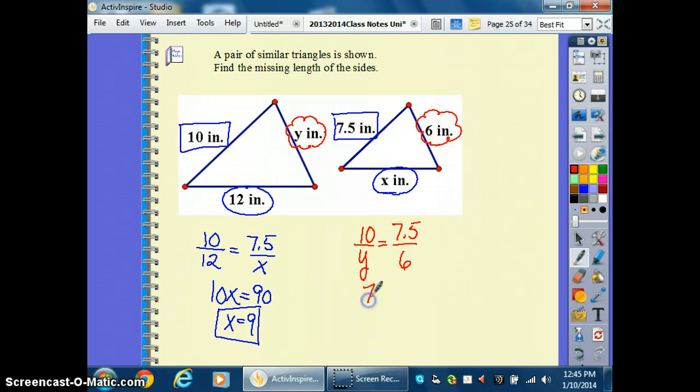Now I have 7.5 times y equals 60. This product is 60. And then if I divide by 7.5, I think I get 8. So y is the value 8.